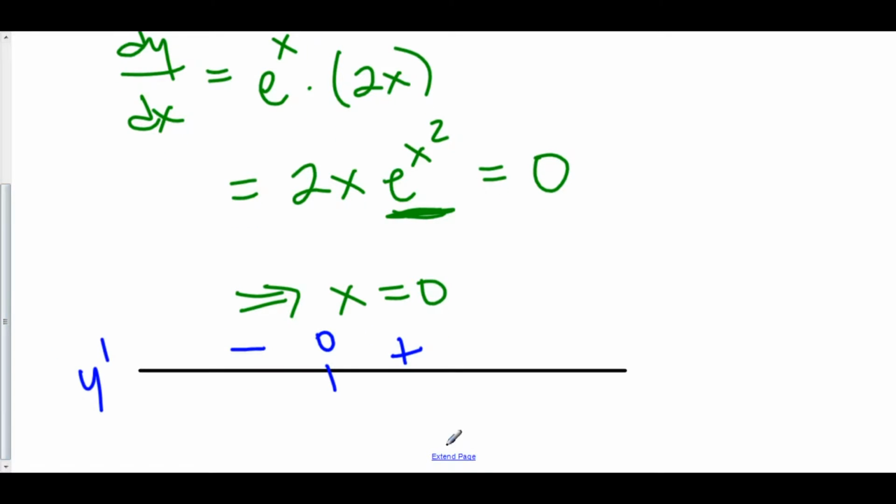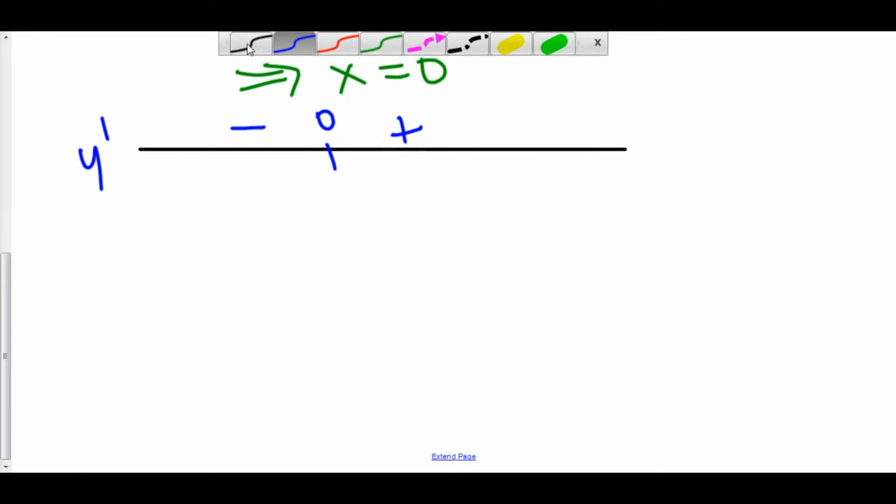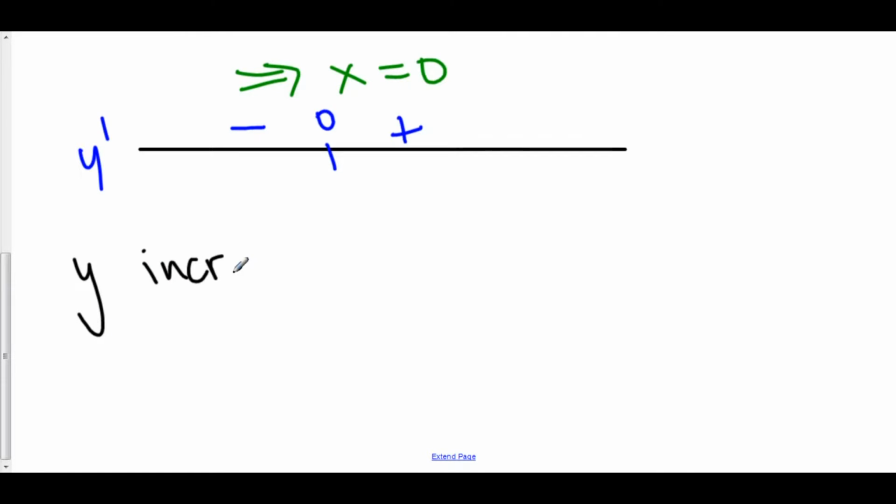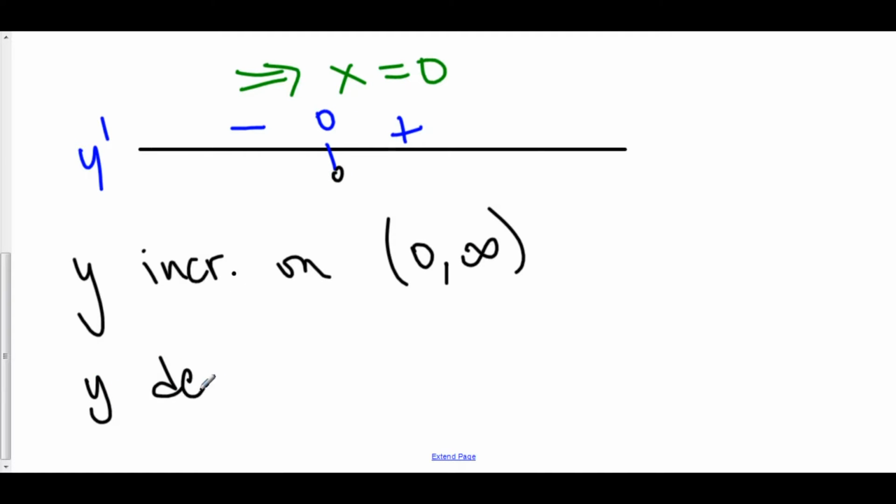So for this particular function, y is increasing on the interval from 0 to infinity, not including 0 because the derivative is equal to 0 at x equals 0. And furthermore, y is decreasing on the interval from negative infinity to 0.